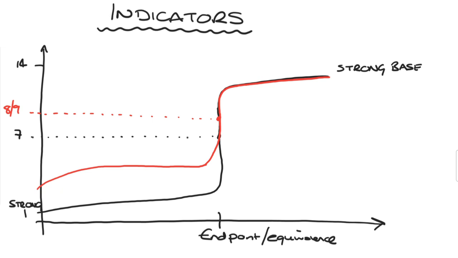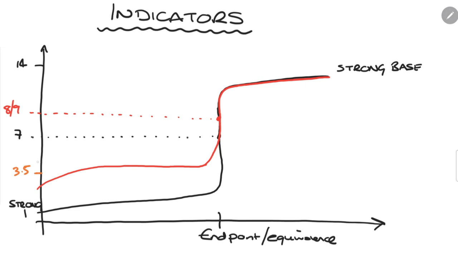Now, methyl orange has a pKa value of about 3.5, so its pKa is going to be somewhere in this region here. This means that its pH curve is going to follow a trajectory which is going to be different to the pH curve of the titration we are wanting to do.